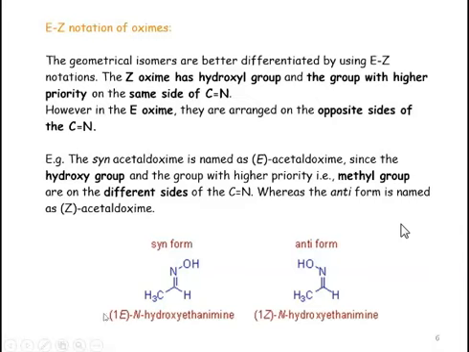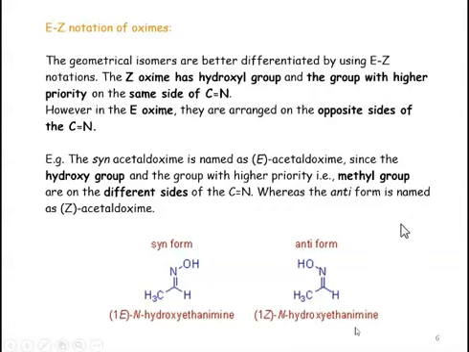However, if we denote this in terms of E or Z notation, then it is denoted as 1E N-hydroxy ethanimine. The antiform of aldoxime will be like this. Here, the high priority functional groups lie on the same side. Hence, Z, that is same side, or high priority bearing functional groups lie together on the same side of the double bond bearing plane.